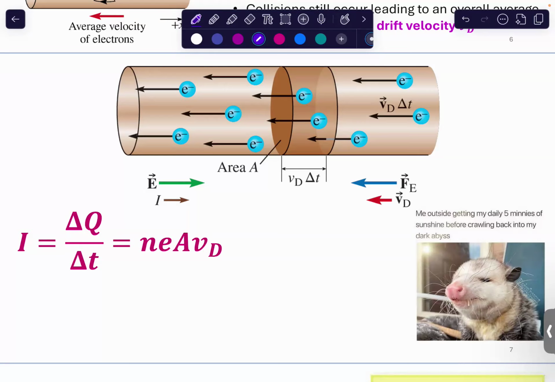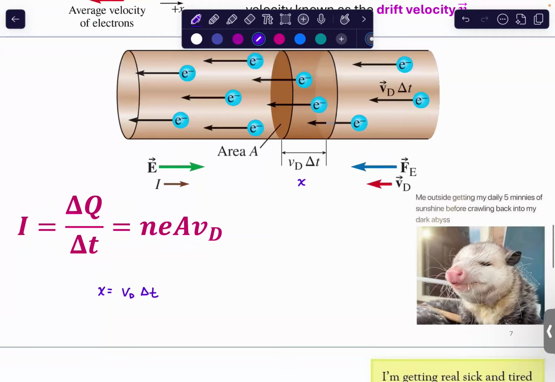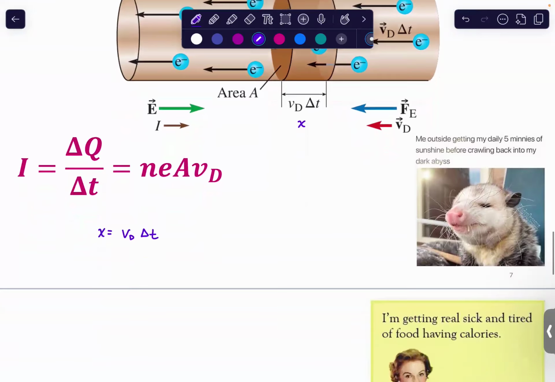So we're worried about the electrons that pass through a volume of that material in a time delta t. So the distance, or you can say x, the distance that they travel is the drift velocity times delta t. So they're moving through a cylindrical volume.